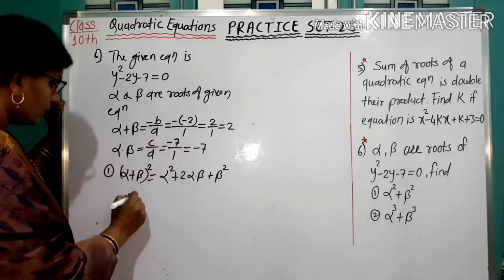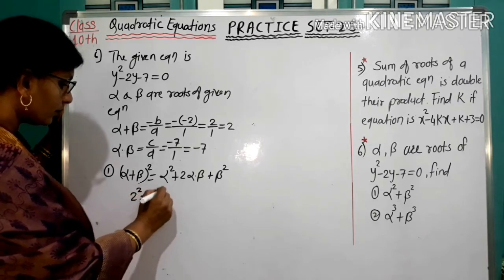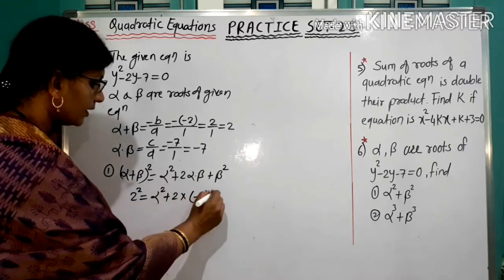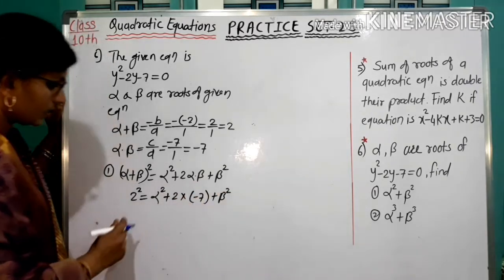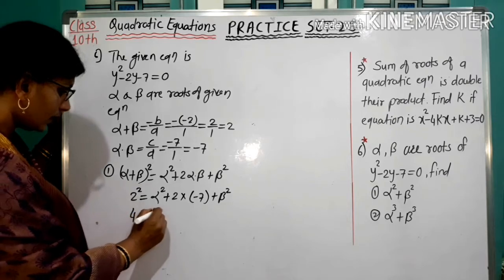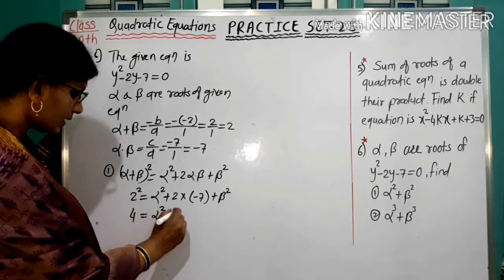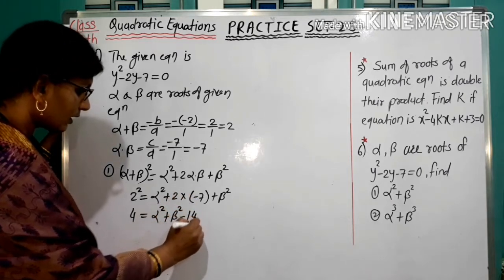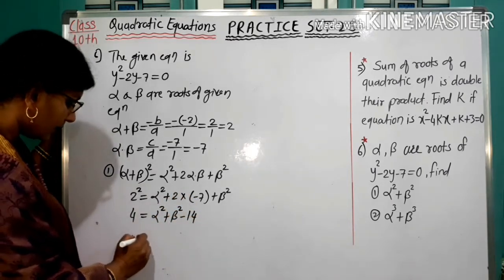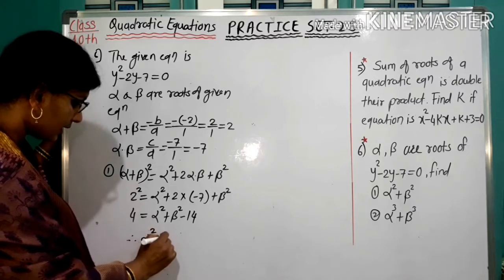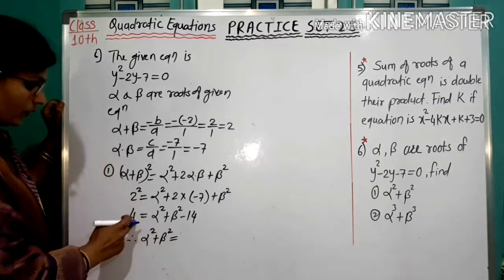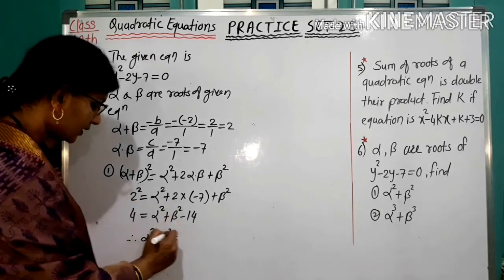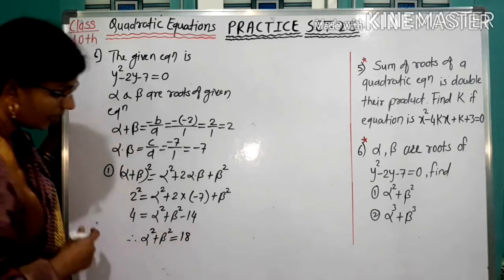(Alpha plus beta) equals 2 square equals alpha square plus 2 into minus 7 plus beta square. Therefore, this is 4, and alpha square plus beta square, 2 into minus 7 is minus 14. Therefore alpha square plus beta square equals 4 minus 14 plus 14. That is, alpha square plus beta square equals 18.